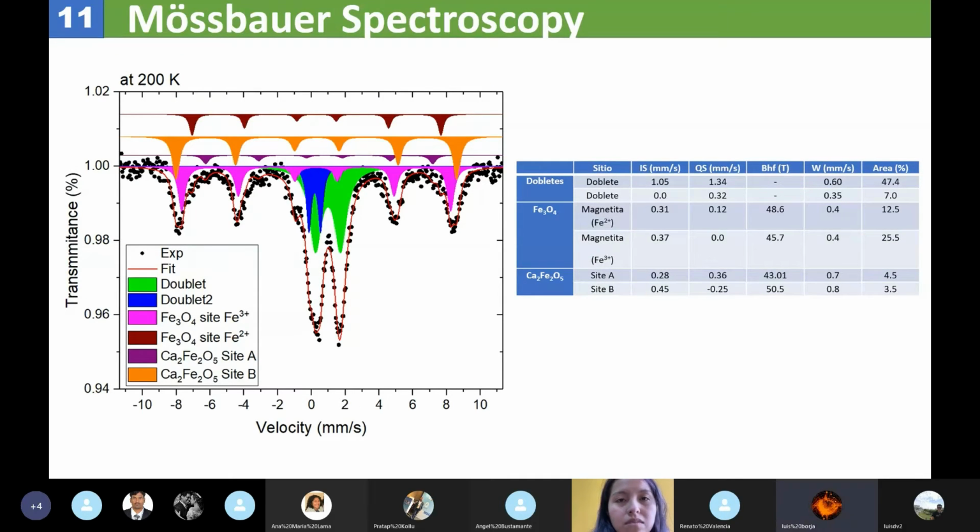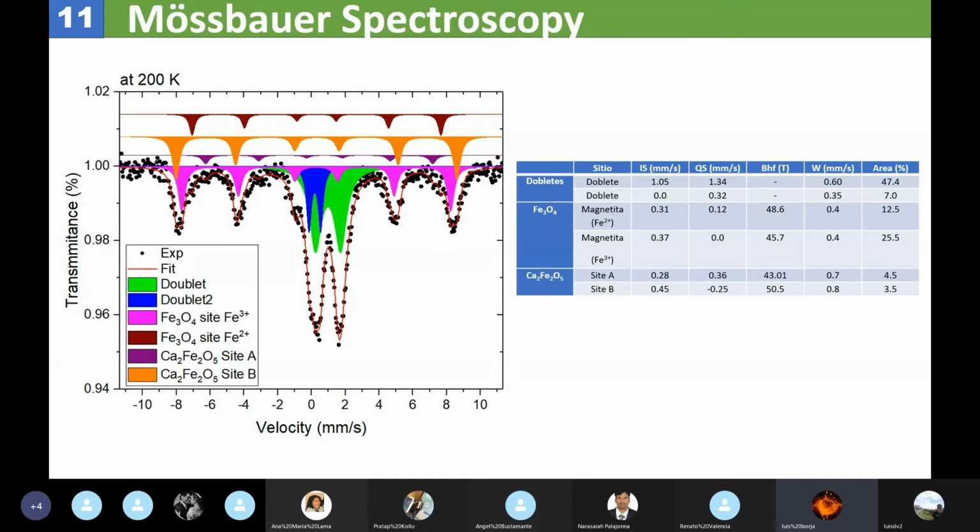Similarly, for the process of type 3-2, we fit the spectra with 4 sextets and 2 doublets.